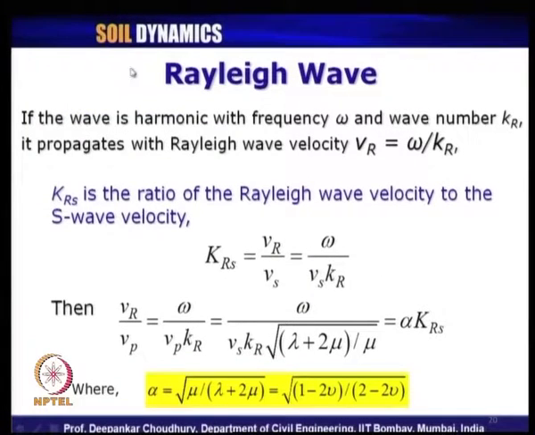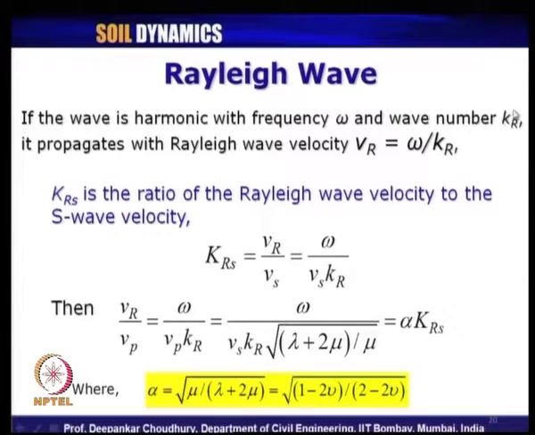We will come to the specific characteristics of this type of wave pretty soon in some other slides. How to write down the equations of Rayleigh wave and how to compute it, let me tell you in a simplified way. If the wave is harmonic with natural frequency, say omega, what we have generally considered, and wave number, let us say it is denoted by k suffix r, because now we are discussing the Rayleigh wave.